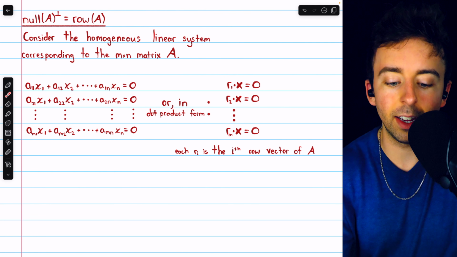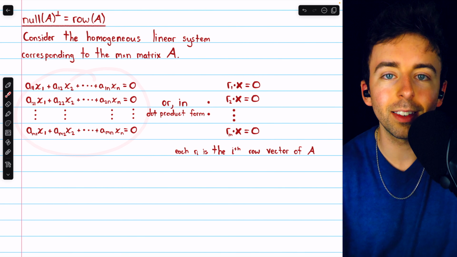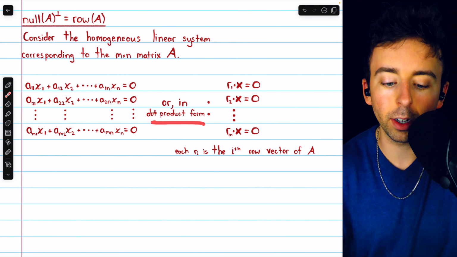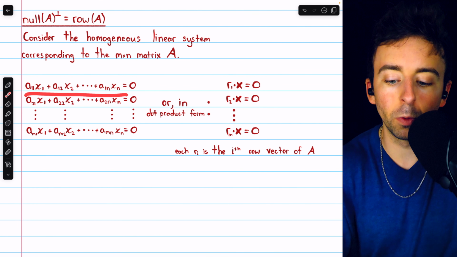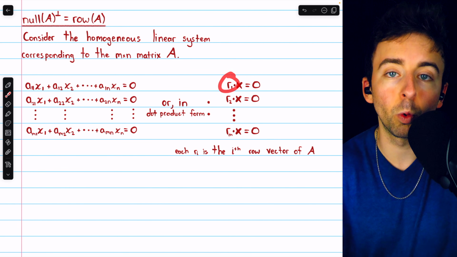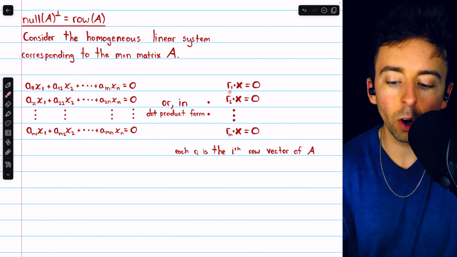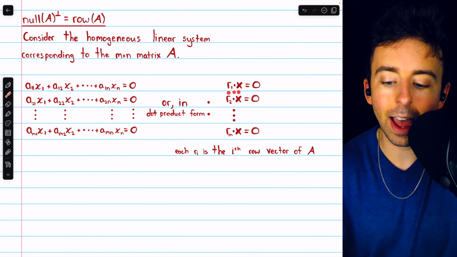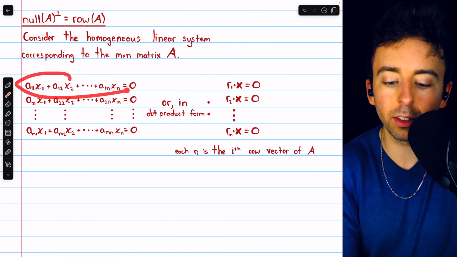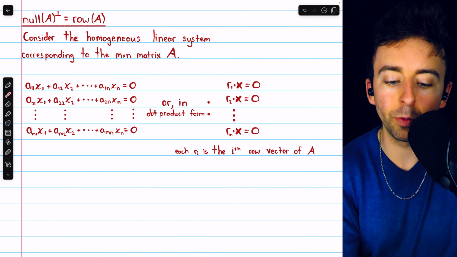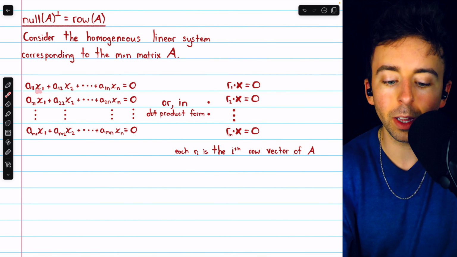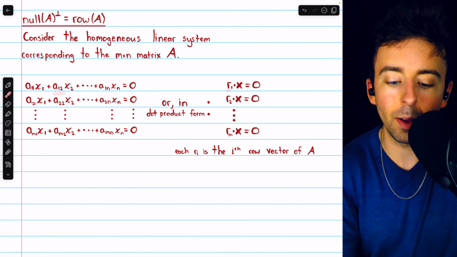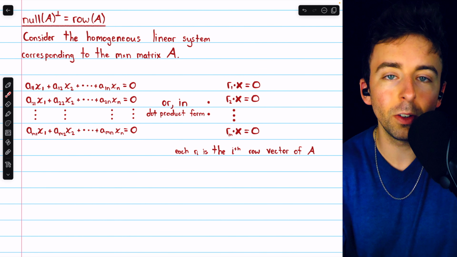As we've previously seen, we could also write this homogeneous linear system in dot product form. Each equation can be written as the dot product of a row of A, so row 1, with the variable vector x. Row 1 dot x would just be the sum of the products of their corresponding components. The first entry from row 1 times that first variable, x1, plus the second entry from row 1 times the second variable component, x2, and so on.